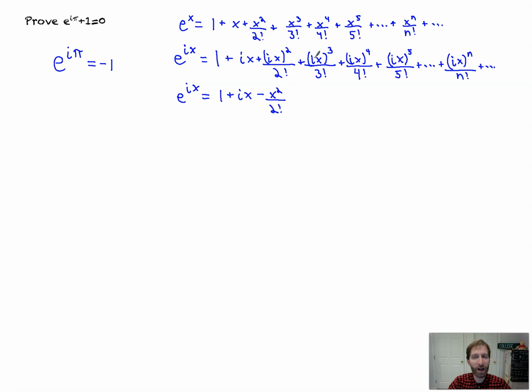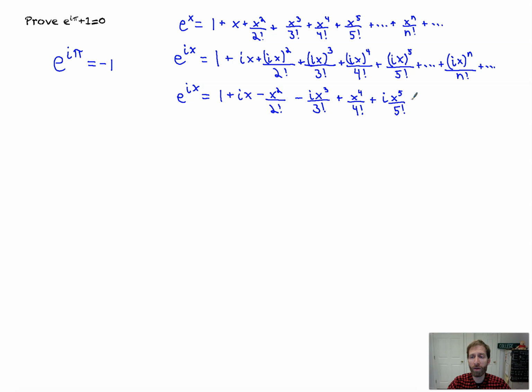Plus, is it? Well, not quite. i cubed is the opposite of i, so it's minus ix cubed all over 3 factorial. Okay. i to the 4th is 1, so it's plus x to the 4th all over 4 factorial. And then we repeat the cycle here. i to the 5th is going to be, well, what's that going to be? Plus i. So that'll be plus ix to the 5th all over 5 factorial.